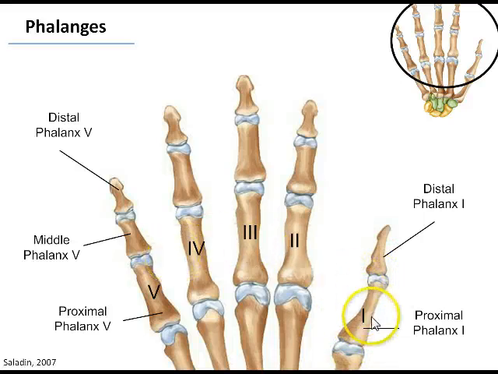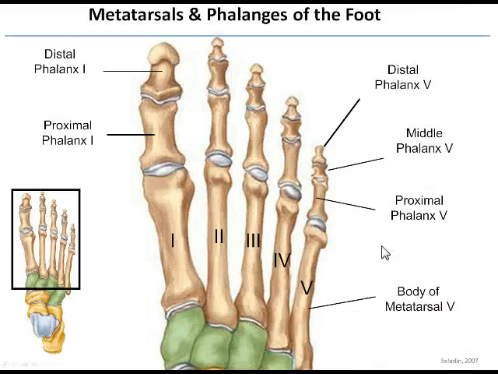Because they're organised into 3 rows, we have a proximal row, which is closest to the wrist, a middle row, and a distal row, which is on the fingertips. The thumb only consists of 2 phalanges and therefore only has a proximal and distal phalanx. Similarly, in the foot, we number the bones from the big toe to the little toe, 1 to 5.